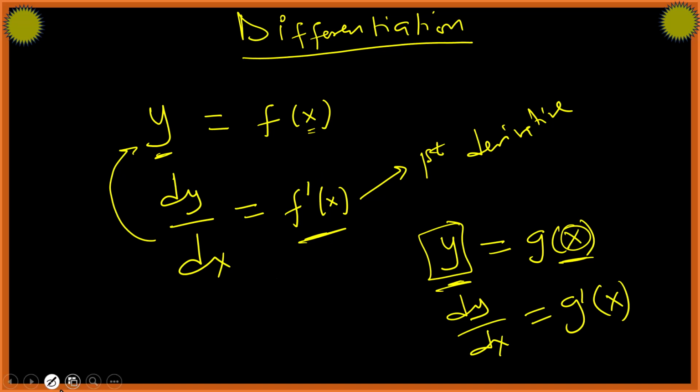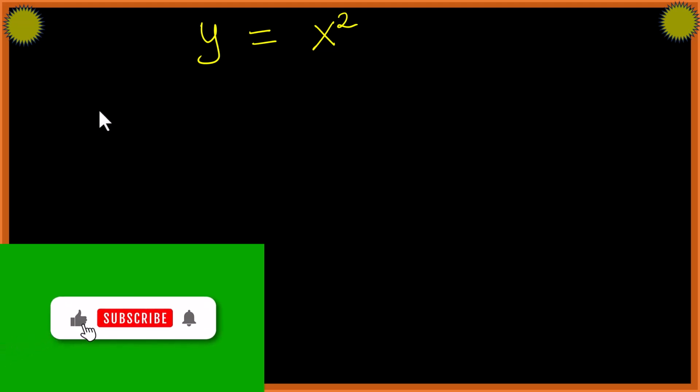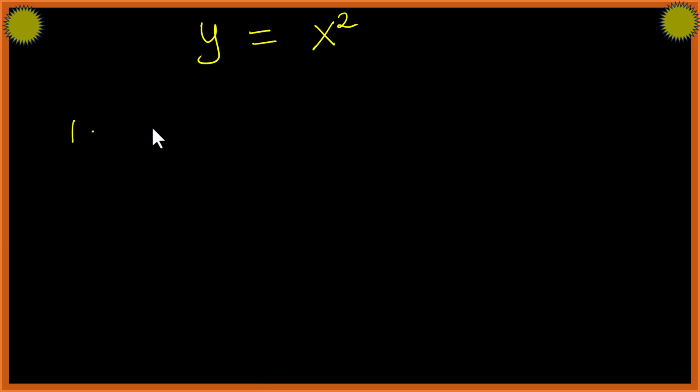Now let's go ahead. In case we're given y equals x squared, if you're asked to differentiate this function, it's the same as finding dy dx or the gradient function.